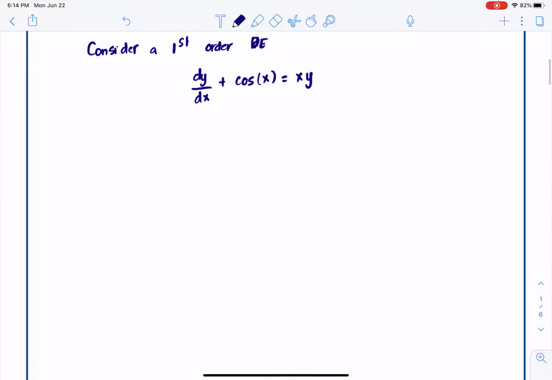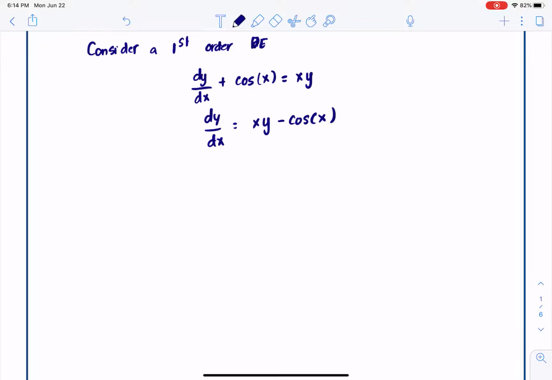By the looks of it, it seems like, oh, maybe it is not separable. But if I move the cosine x to the other side, it becomes clear that this particular equation is in fact not separable. Why is that so? Well, there is no way that I can have all the x terms on one side and y terms on the other side.